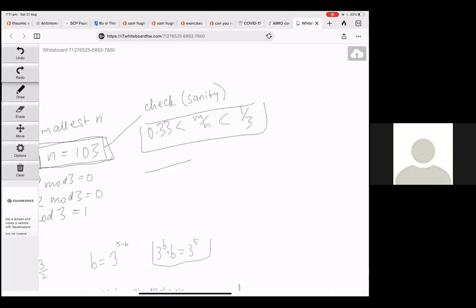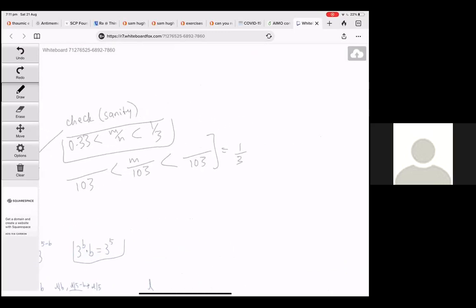So if I want to get a denominator of 103, then if this has to be equal to 1/3, the bottom has to get multiplied by 103, so the top has to get multiplied by 103 on 3, and that is equal to 34 plus 1/3.